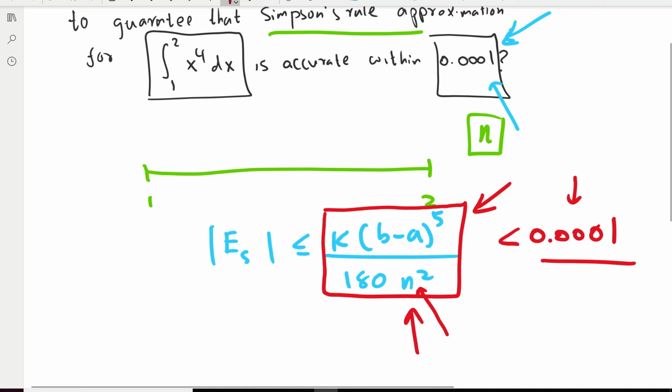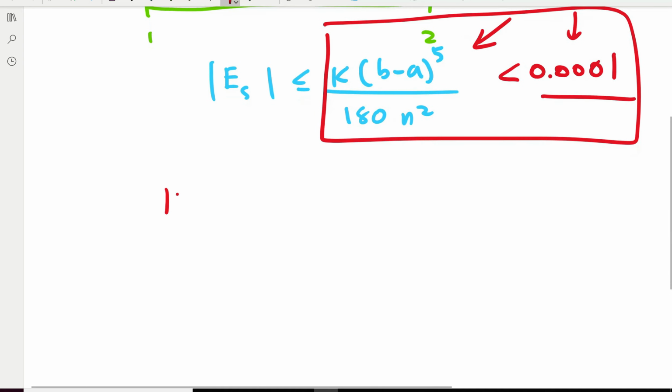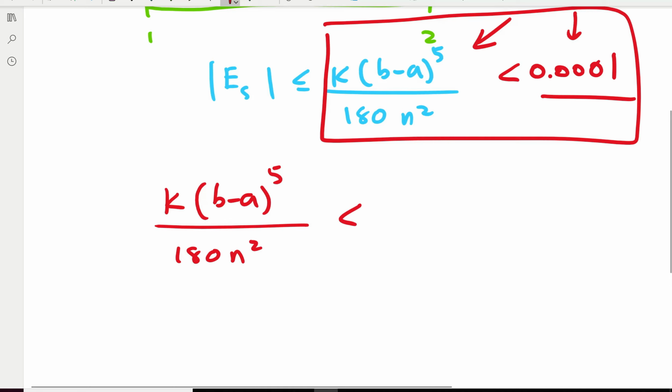Because if the largest error is less than 0.0001, of course your real error is less than the largest error, and that means your real error is less than 0.0001. So you want to find n such that it satisfies this scenario. Let me rewrite that: K times (b minus a) to the 5 divided by 180 n to the 4 should be less than 0.0001.